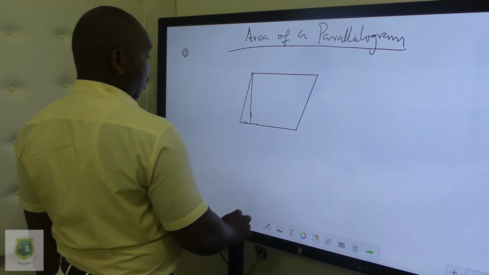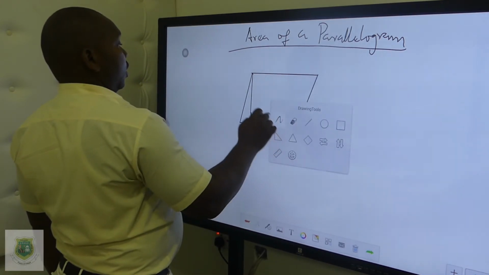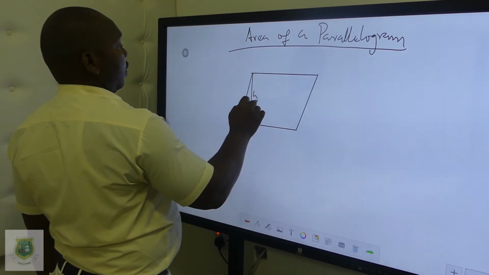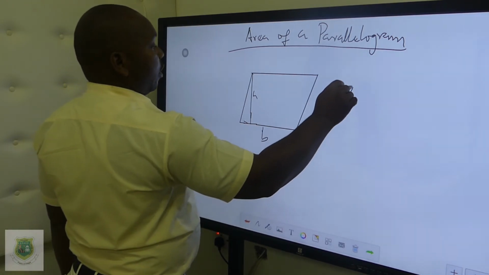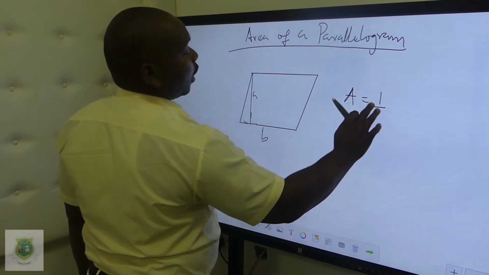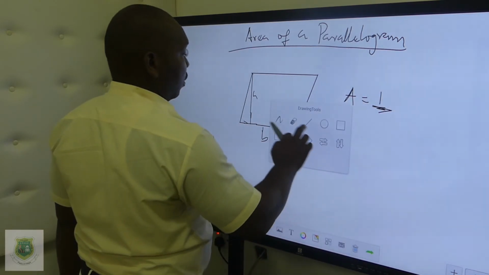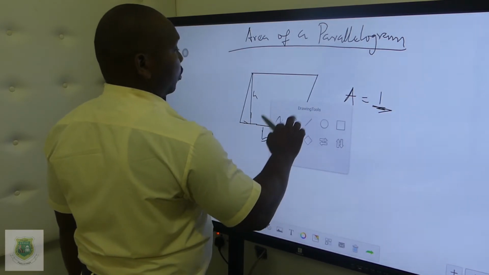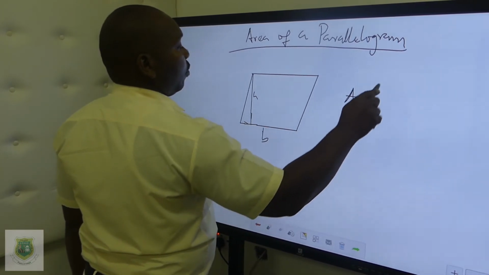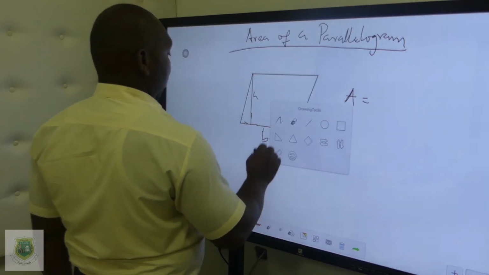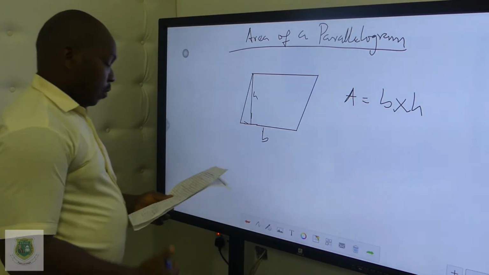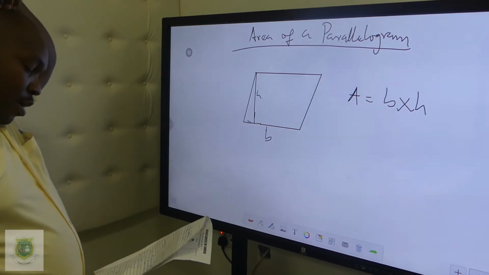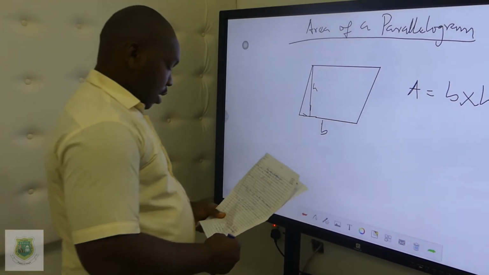If here is the height and here is the base, the area is going to be base times height. That is the area of a parallelogram.